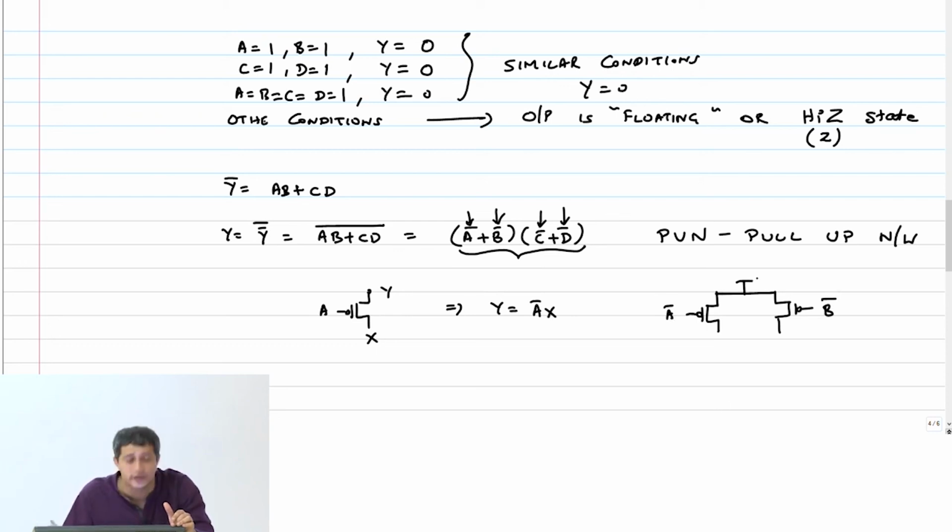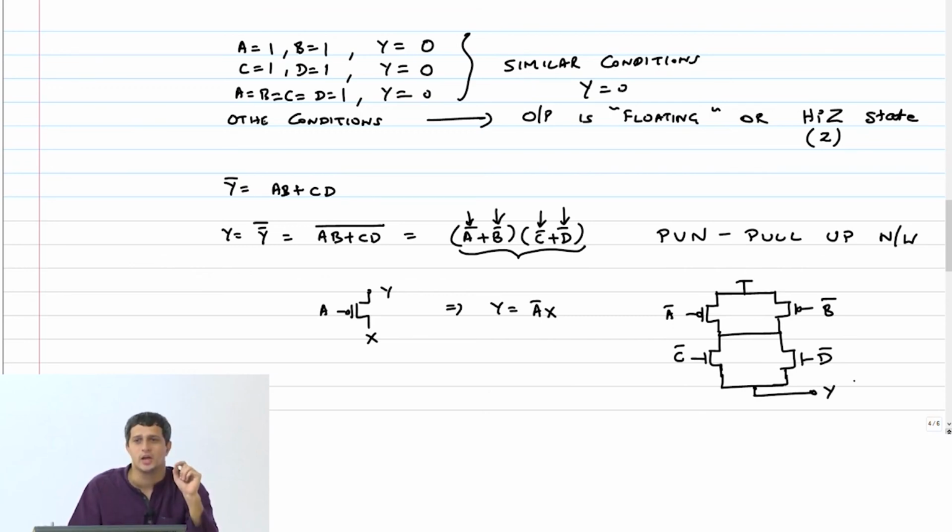And this is going to go to VDD. Now that is going to be in series with another network, C bar plus D bar. Right? And this is my output Y.